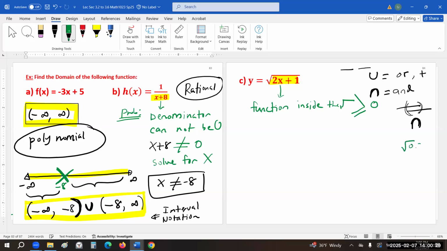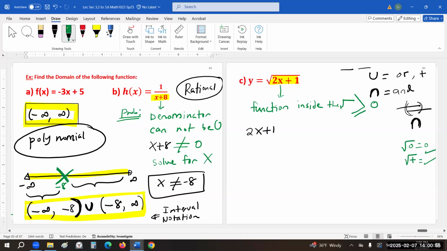Because square root of 0 is 0, it does exist, and square root of something positive does exist. Okay? So that thing we have inside the square root has to be bigger than 0, means plus, or can be equal to 0, means 0. So what thing do we have inside the square root? 2x plus 1.